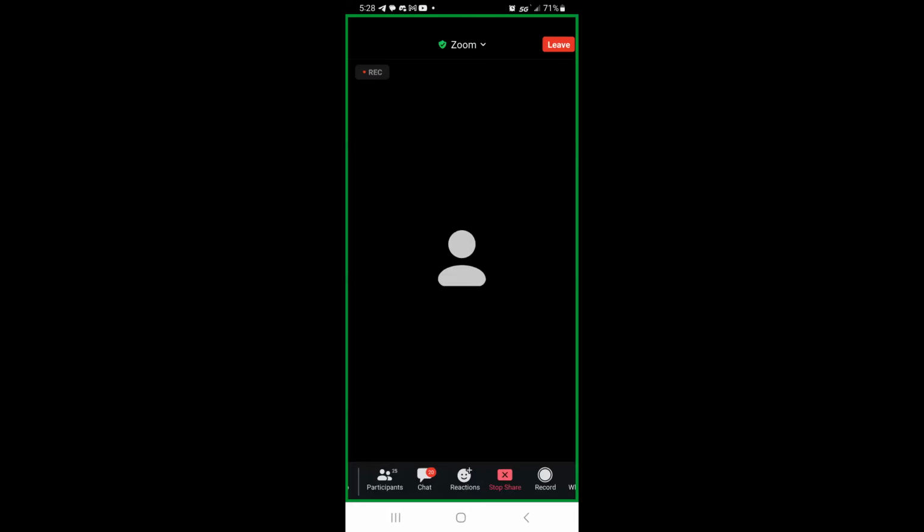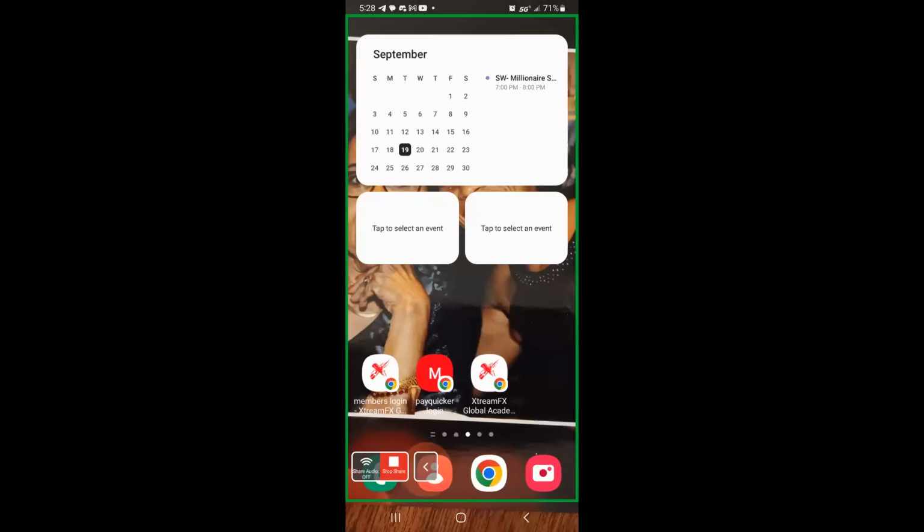So in the back office, ladies and gentlemen, you have different things that the company will share with you, and you can just go in the menu.